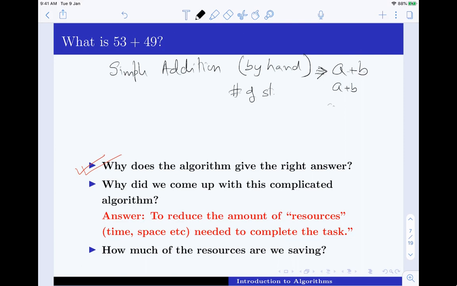The number of steps is A plus B, because you will first count by finger in your hand or somewhere the number A, then you add B one by one and look at A plus B.